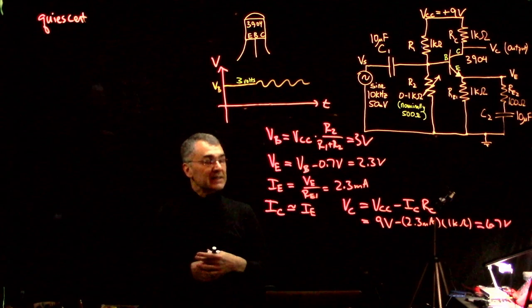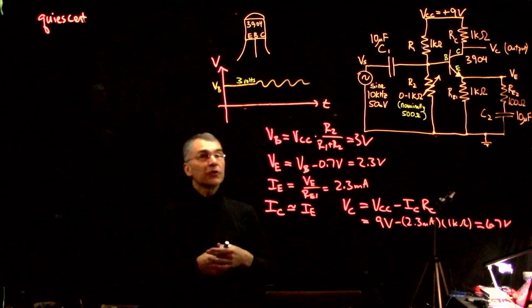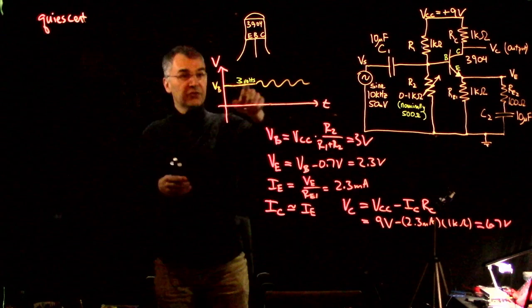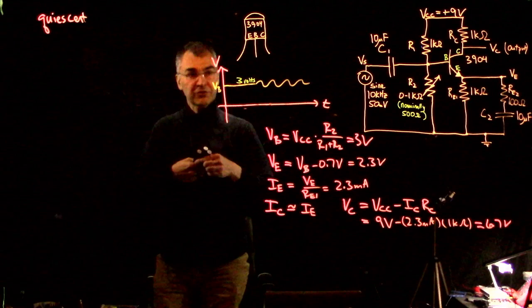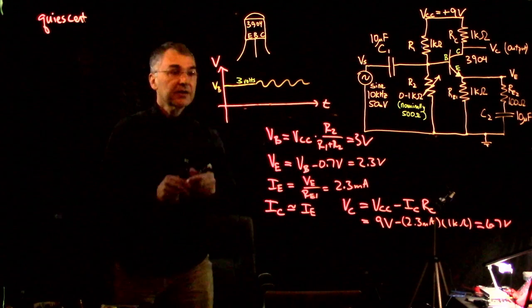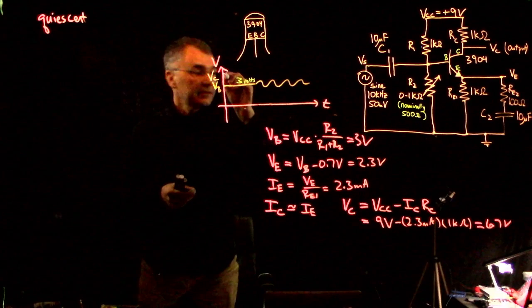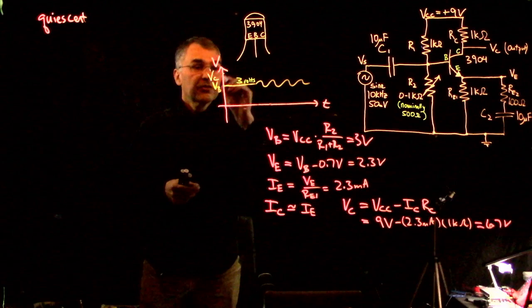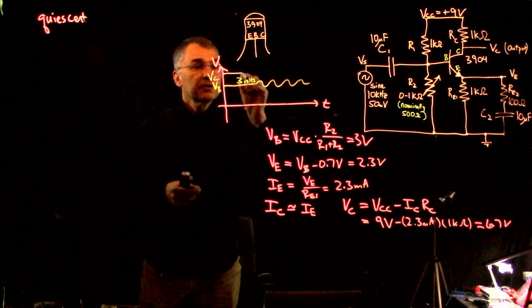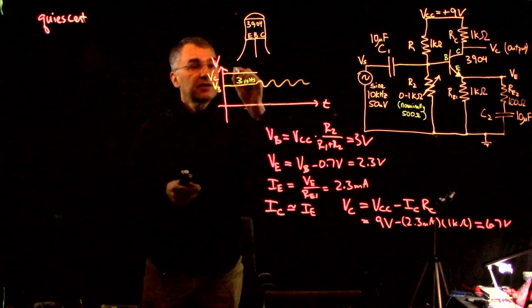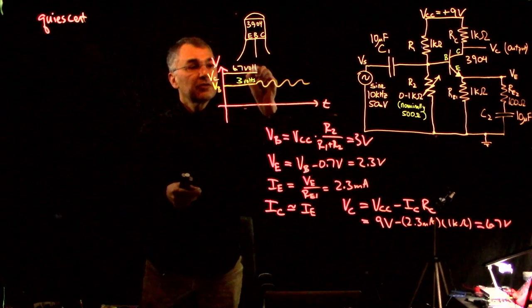So the base is hovering around 3 volts, and the collector voltage should be hovering around 6.5 volts, I guess. This was about 6.7 volts.